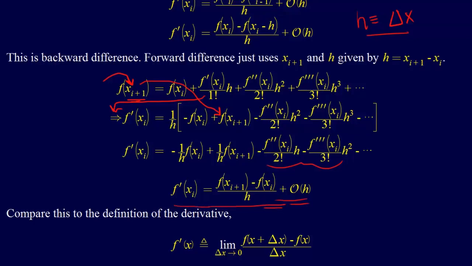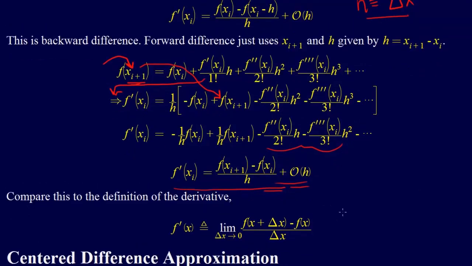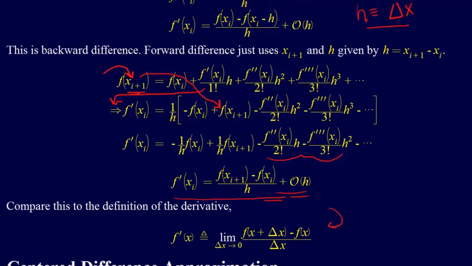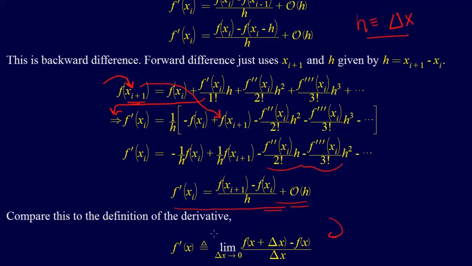We can compare those to our definition of the derivative that we had before, and we see that it's just exactly the same thing. F prime of xi, this limit is delta x goes to 0, so we don't have this limit term here, but this term right here is exactly the same then as this term here.